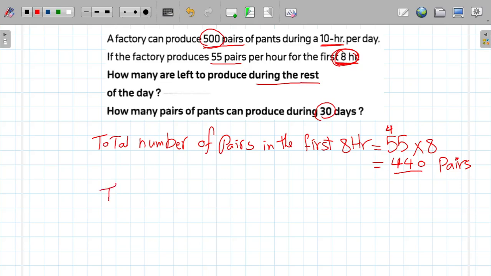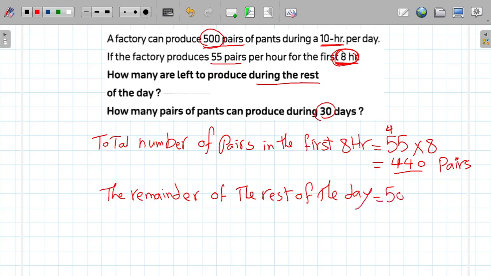Okay, so the remainder for the rest of the day will be 500 minus 440, so it will be just 60 pairs. 60 pairs in 2 hours. Okay, so our first question has been answered.